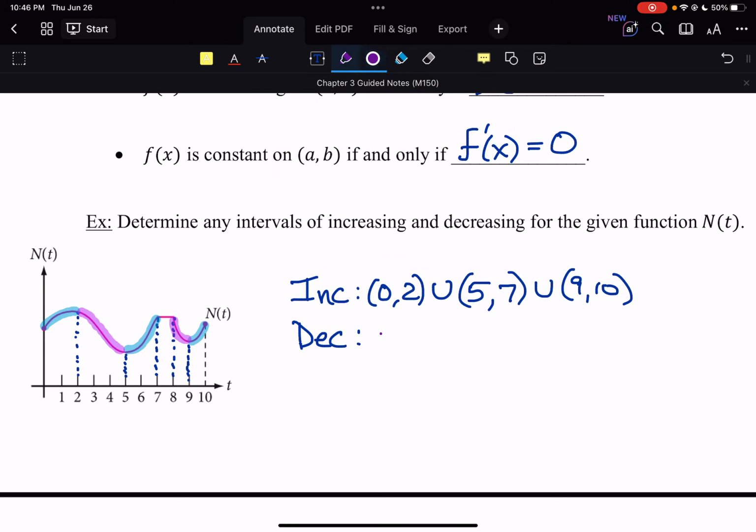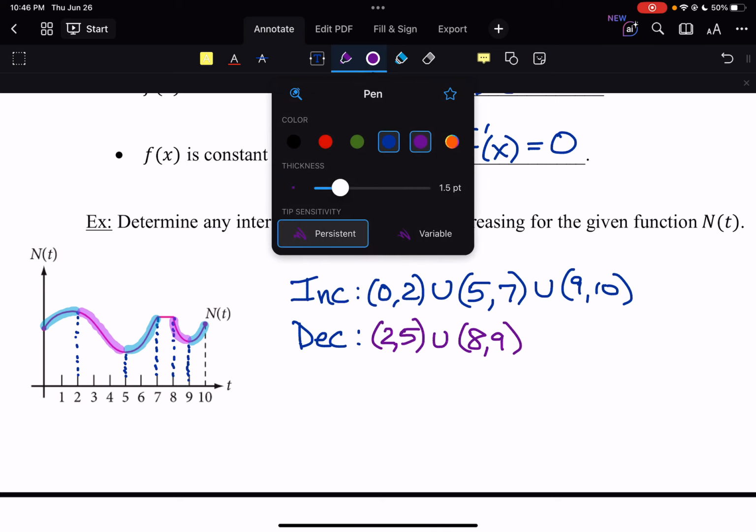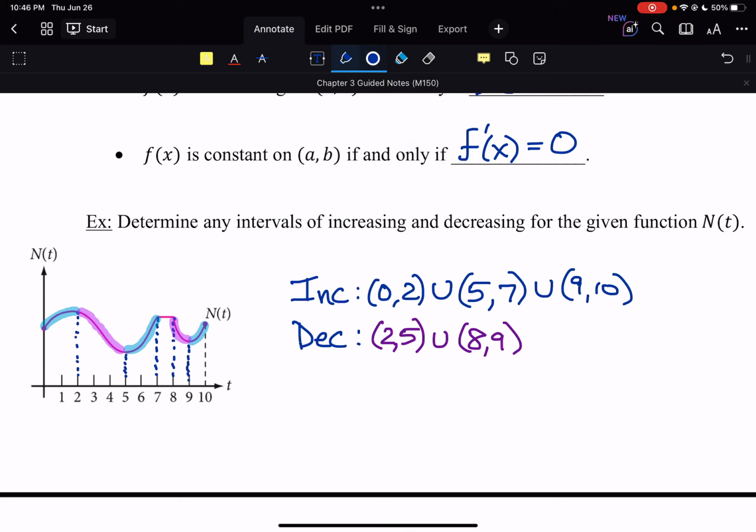So we get from 2 to 5, along with 8 to 9. And then we have that one little piece left over where the graph wasn't going up or going down. So it would be constant on this portion of the interval. So from 7 to 8.